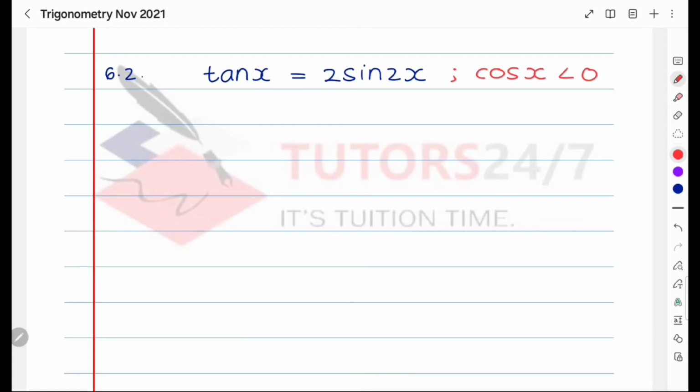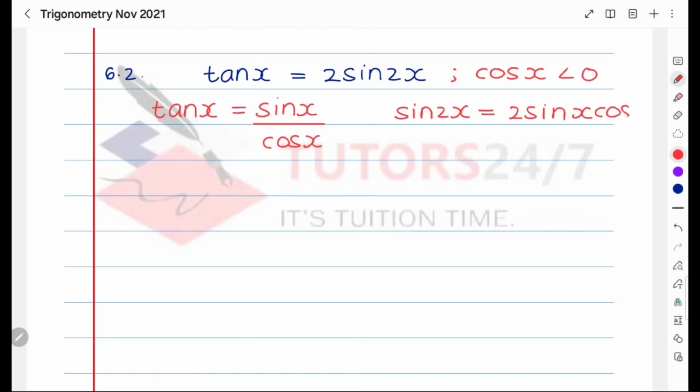Two important things to take note of is that tan x is equal to sine x over cos x, and that sine 2x is a double angle, and that is equal to 2 sine x cos x. So let us substitute.